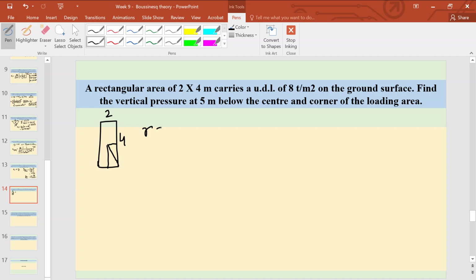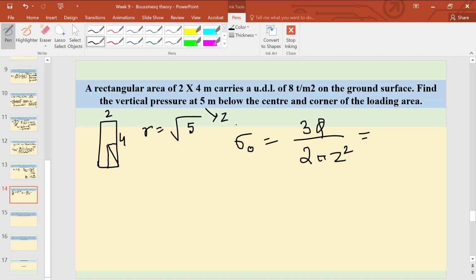For the second part, r equals root 5, isn't it? So at the center it will be simple: 3q divided by 2 pi z square. What is the value of z over here? 5, isn't it? Z equals 5.